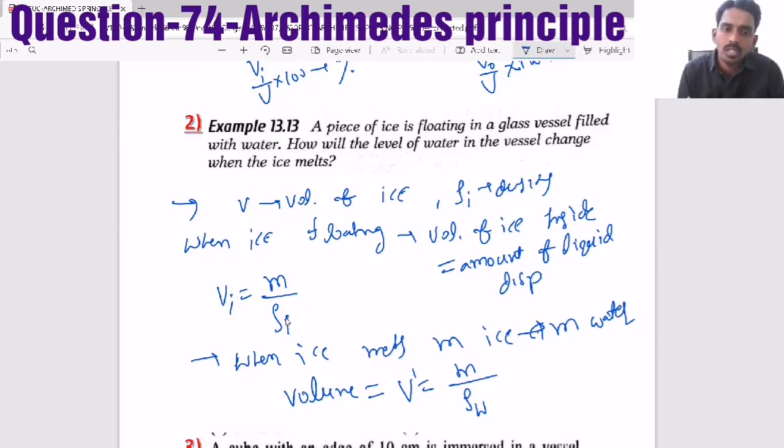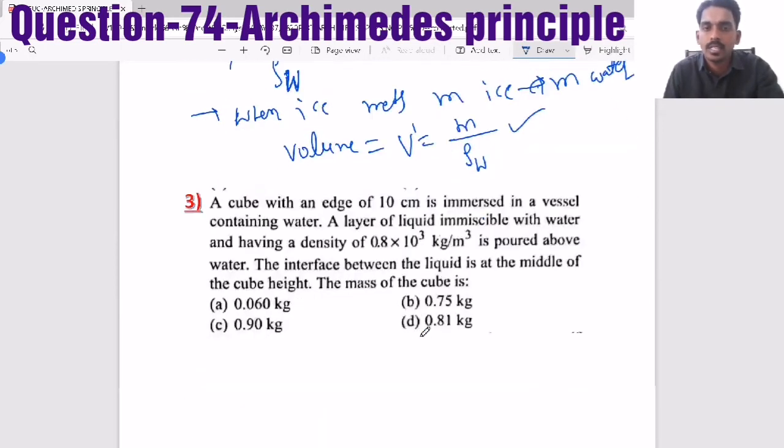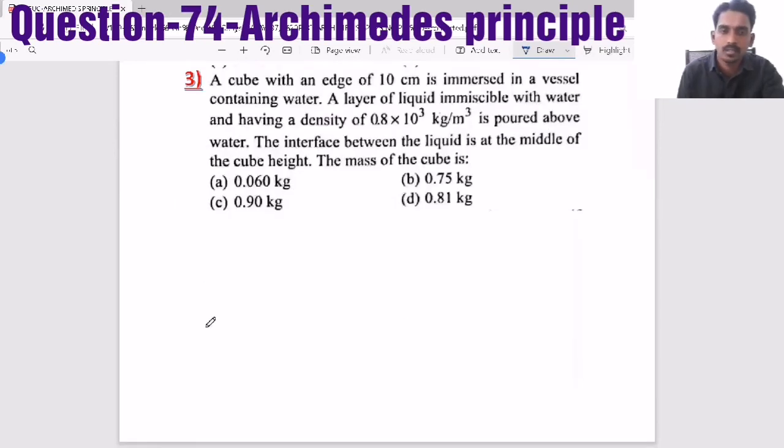So the volume of water displaced is mass by density of water. The volume of water displaced and the volume of water formed after the ice melts are both the same. Whatever liquid got displaced remains the same, because the ice melts and occupies the same amount of volume. That's why the level remains the same. That is the meaning of the question.